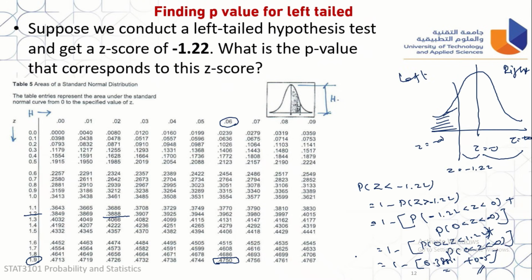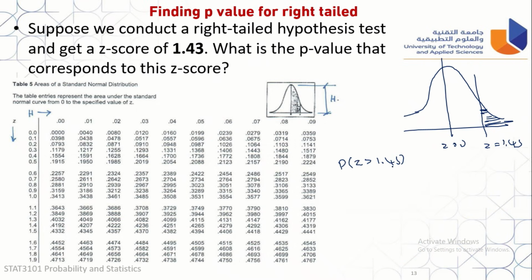Actually, see here also my objective is to calculate the probability in this region, not in the accepting region. So it is greater than 1.43, which is equal to, how can I calculate? 1 minus probability of z less than infinity. Again I am using method 2, and you can use any method to get the respective probability.